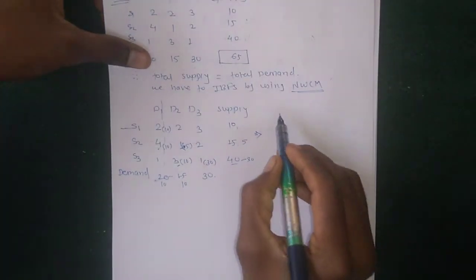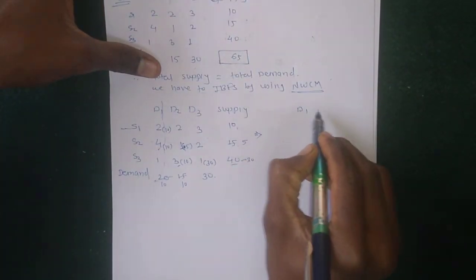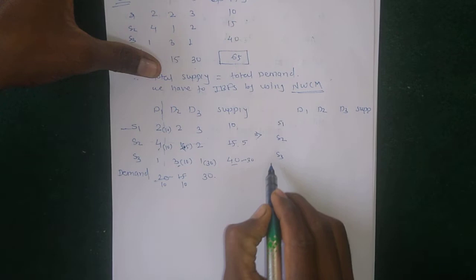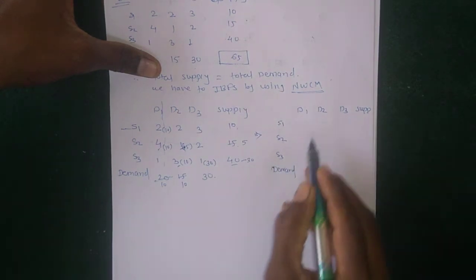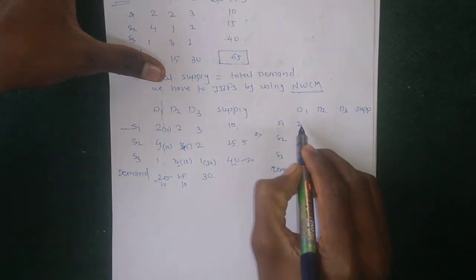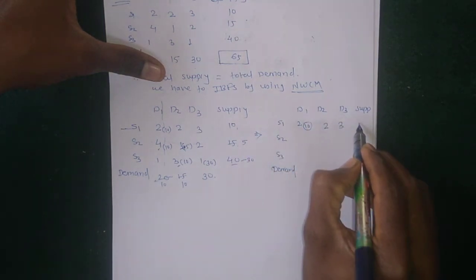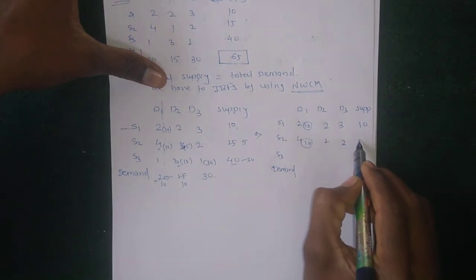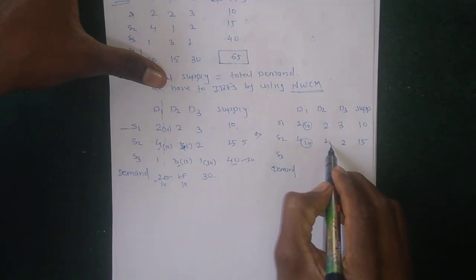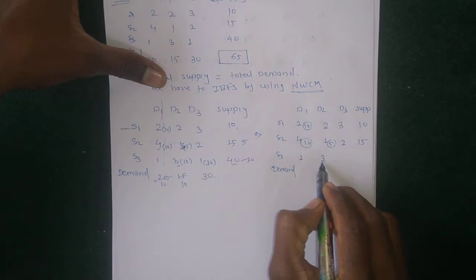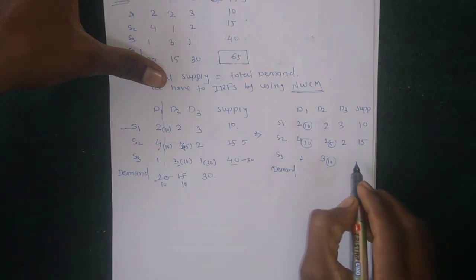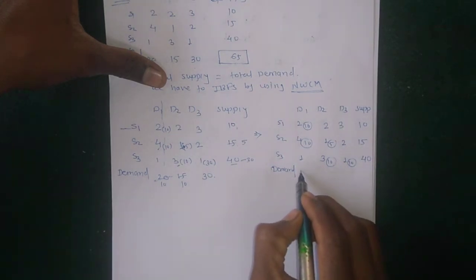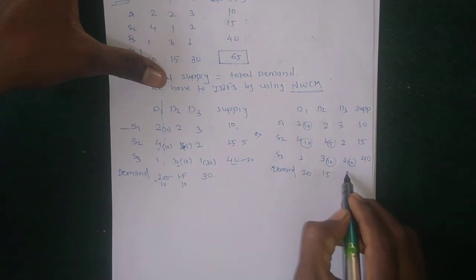So the table is D1, D2, D3, supply, and S1, S2, S3, demand. The allocations are 10 in the first cell, 10 in the next, 10 for the cost 4, 15 and 5 in the next cells, and 10 and 10 in the last row. The supply is 40 and the demands are 20, 15 and 30.